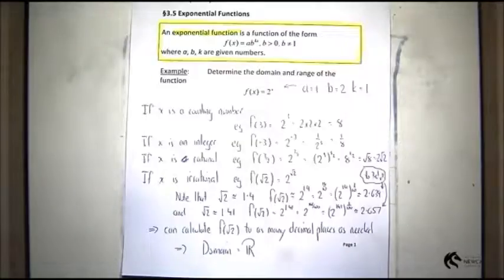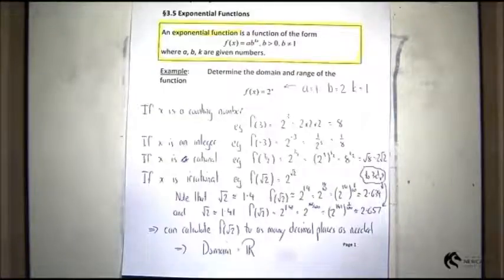And the first thing was the domain, and we've now got that. So it's the set of all real values. We then said, okay, well, what's the y-intercept? That's always a good thing to know. And the y-intercept is the function value when x is equal to 0. So f of 0 is the y-intercept, and that's 2 to the power 0.